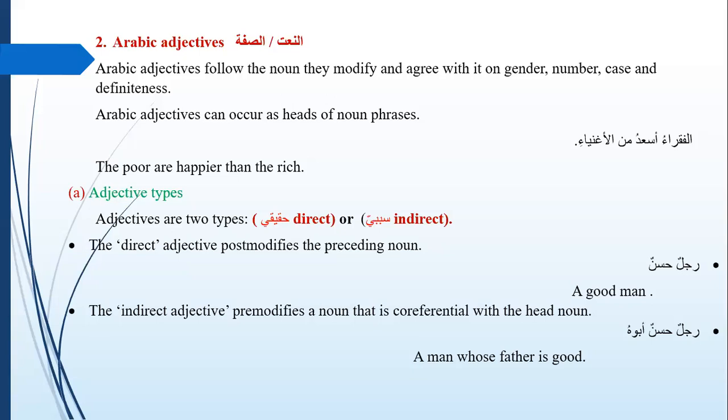هذه مقارنة comparison. قبل شوي بقينا نحكي عن comparison. لو بدي أترجمها للغة العربية. The poor are happier than the rich. لاحظ أنه هنا في عندي أداة التعريف ال، فهنا انعكس هذا الشيء على الترجمة في اللغة الإنجليزية.